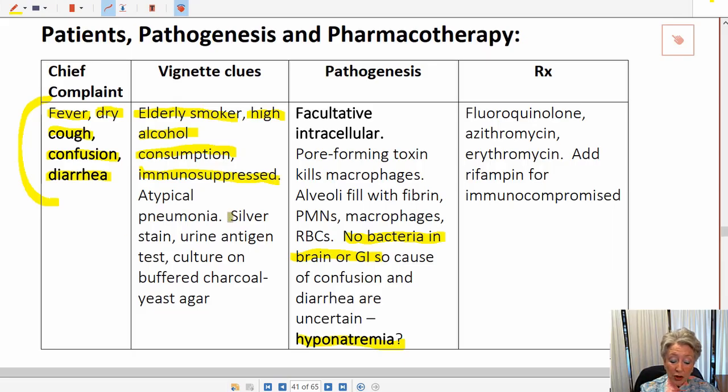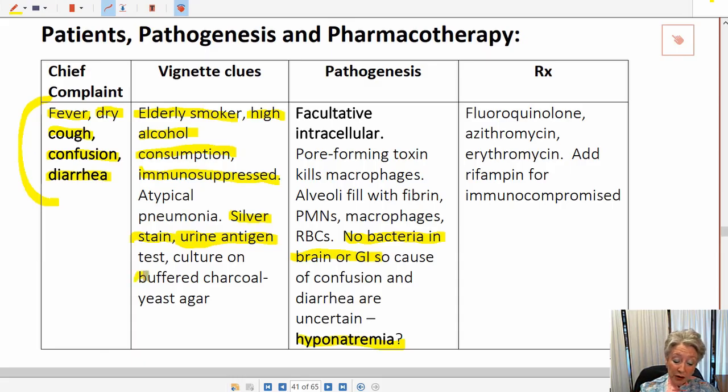It is going to be stained with a silver stain if you do a biopsy, but there is an antigen test used for urine at the current time, which makes for a quick diagnosis. The only problem with urine tests, remember, is that I've now got a urine test for virtually every type of pneumonia we've covered. So they will not be able to simply say the urine test was positive. They'll have to tell you which one, and then, of course, that gives you the diagnosis.